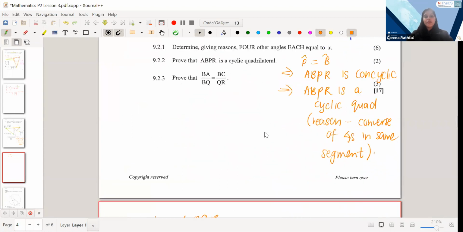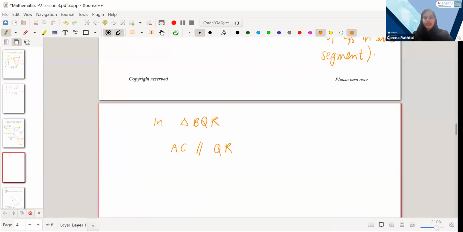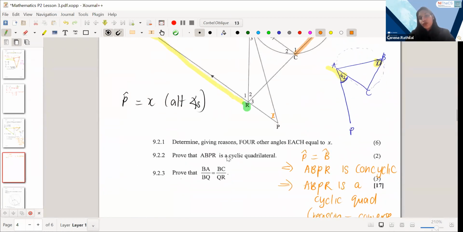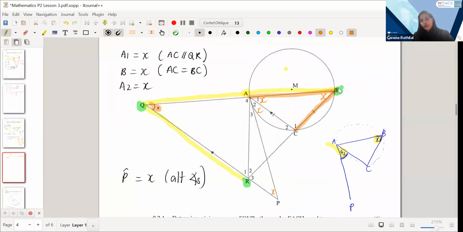So by the proportionality theorem, the following ratio must hold true: BA divided by BQ is equal to BC divided by BR.